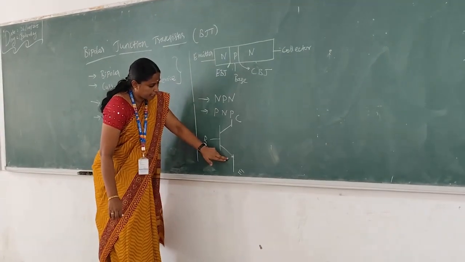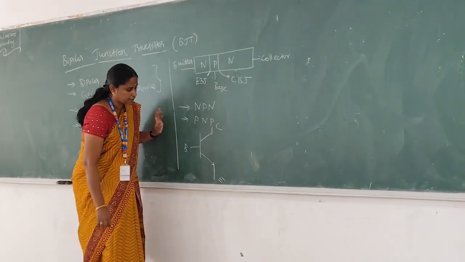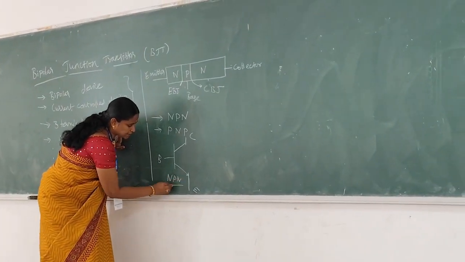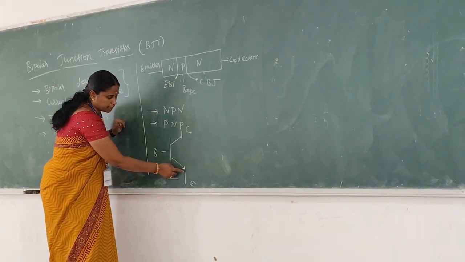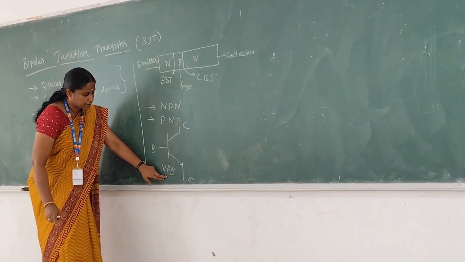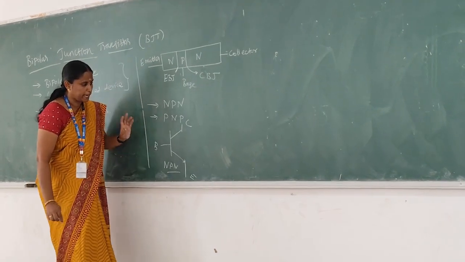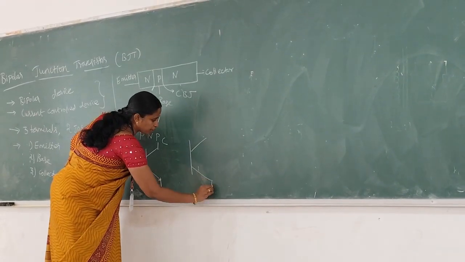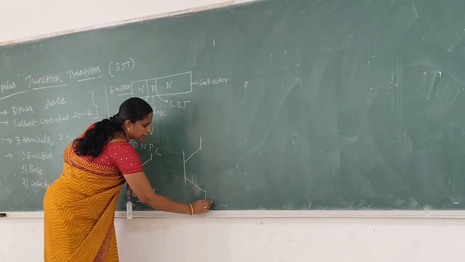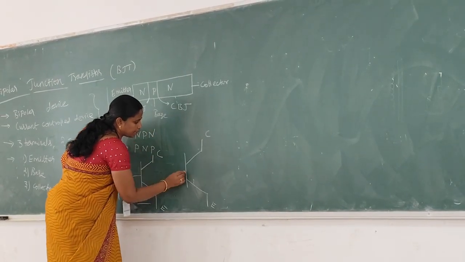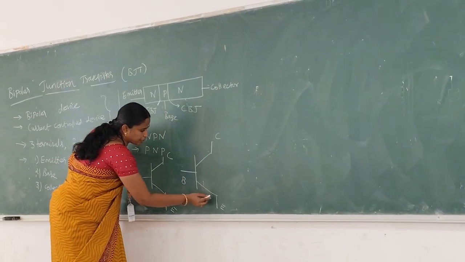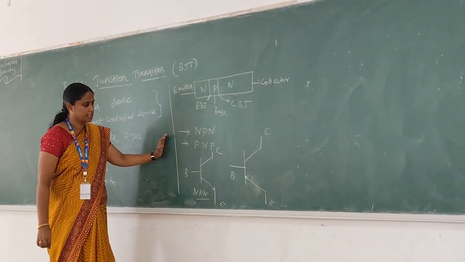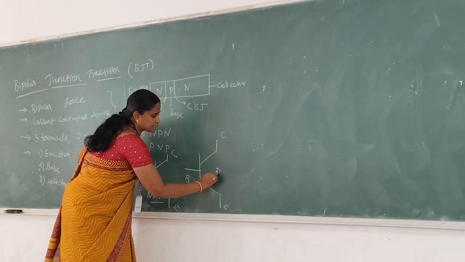If the arrow mark is in the outward direction, the transistor is called NPN. In a PNP transistor, with emitter, collector, and base, if the arrow mark is inward, then the transistor is said to be a PNP transistor.